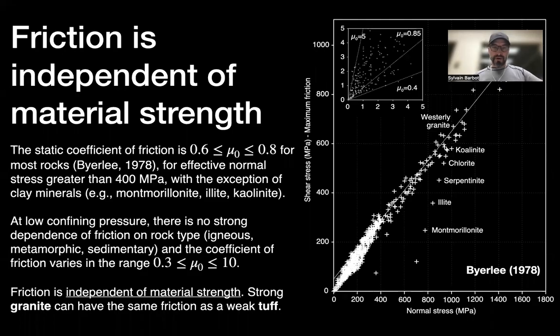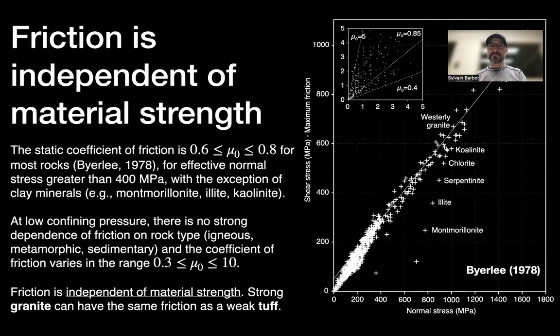Some of the most robust and fundamental observations we have about friction are summarized by this famous paper by Byerlee, which is that friction is essentially independent of rock type. A wide collection of different rocks show a coefficient of friction between 0.4 and 0.8, independent of individual strength.